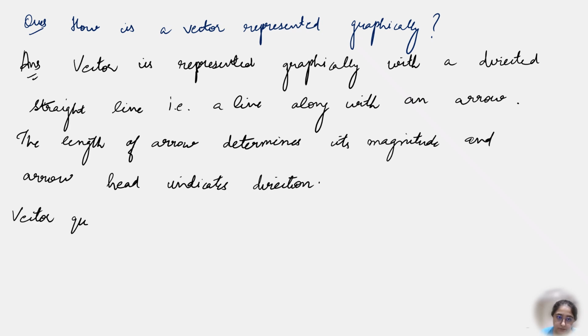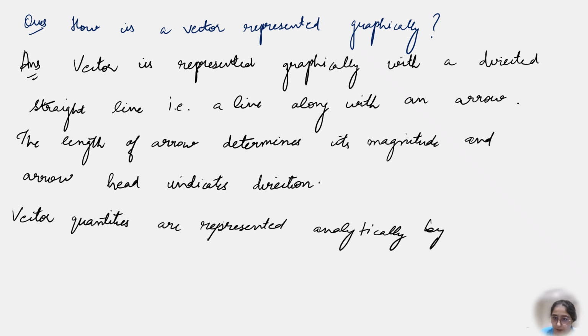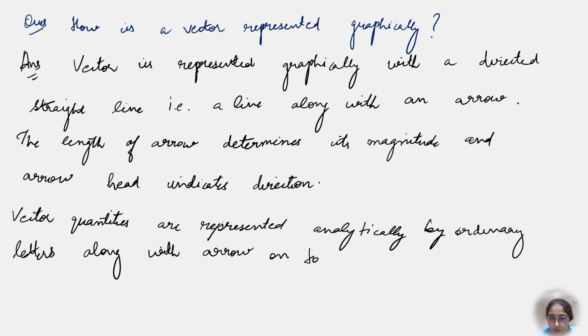Vector quantities are represented analytically by ordinary letters along with arrow on top of it.